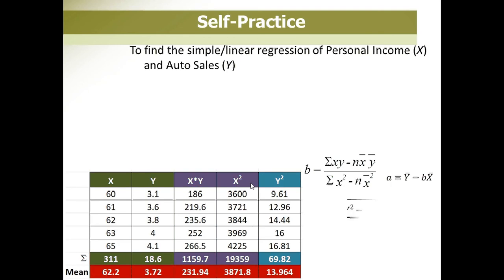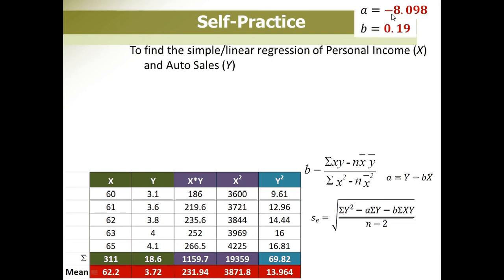Now, let's calculate the standard error. This is the equation of the standard error. Sigma y squared means we square the y numbers 1 by 1 and then sum them up. So in this case, it is 69.82. a is what we have just calculated, minus 8.098. And sigma y is 18.6.